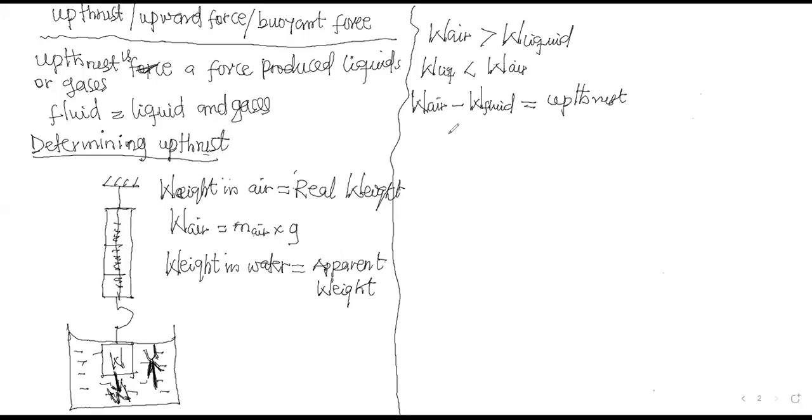So let's assume when the object is weighed in air, it weighs 10 Newton. When it is weighed in liquid or fluid, it weighs 8 Newton. It means that the difference is equal to the upthrust.